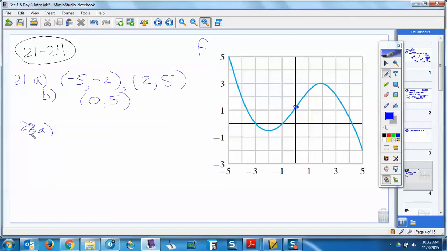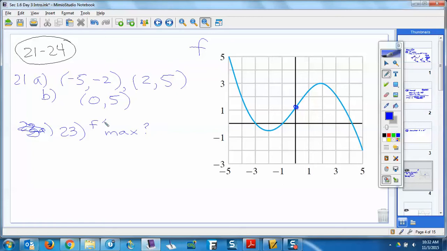So 23, where does F prime have its max value? Okay, so let's think about that. That means when the slope is at its max. And slope is a number. So when is a number its biggest?